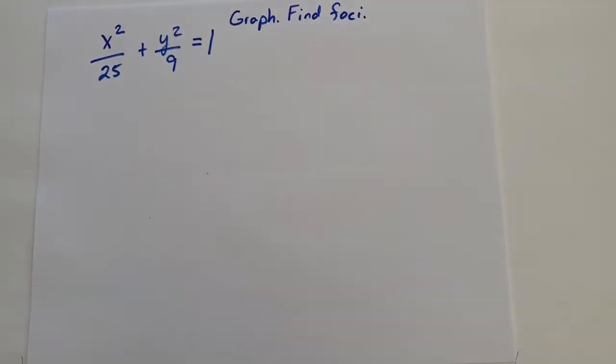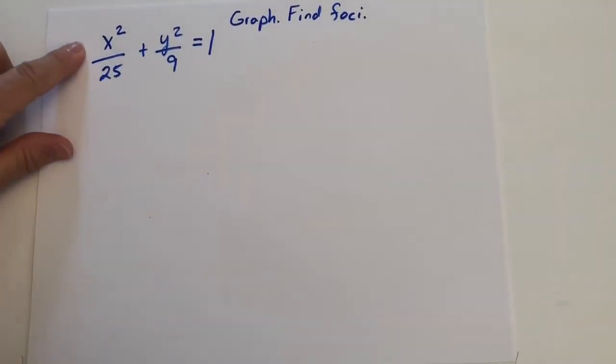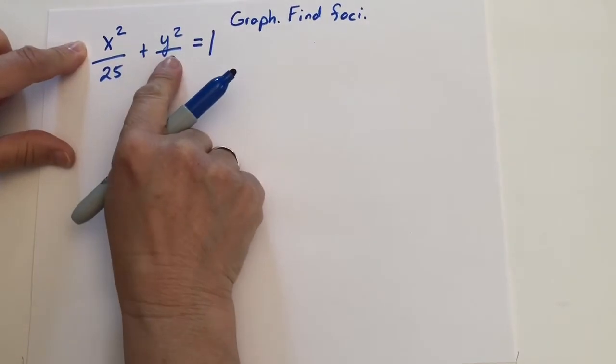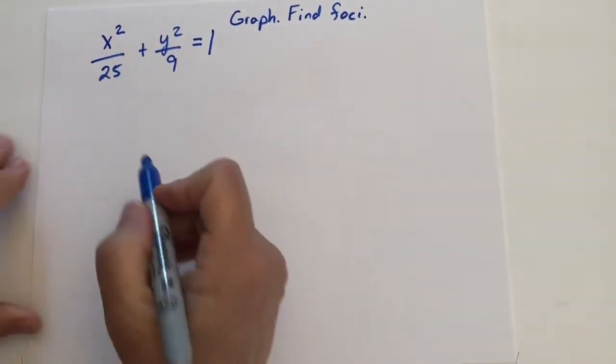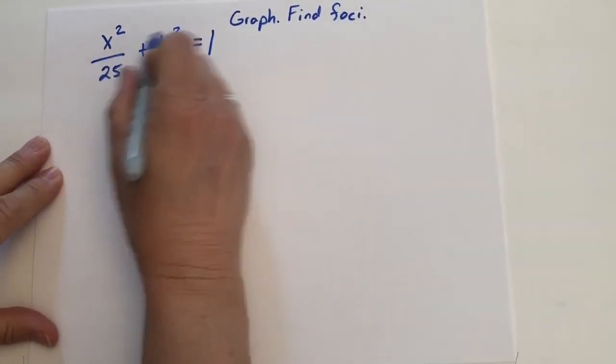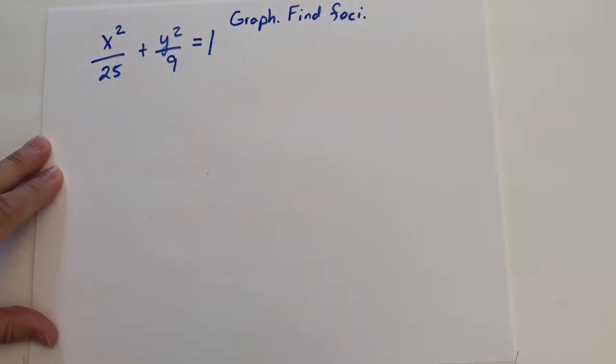So we're going to graph and find the foci. So this one, excuse me, is centered at the origin, like the two examples I gave you already. On our next one, I'll show how it shifts off the origin.